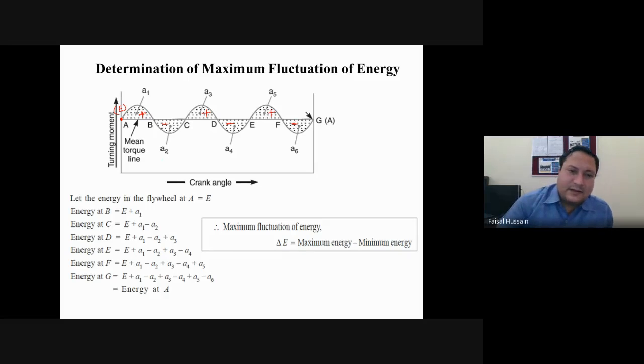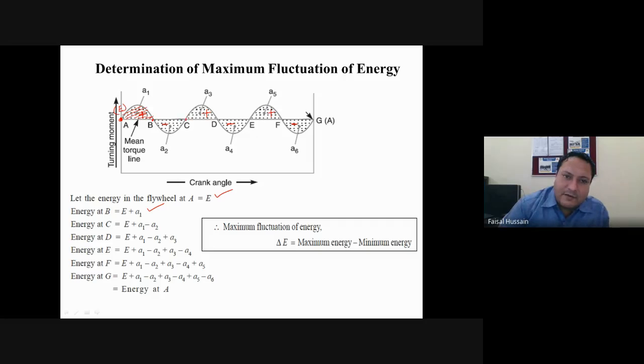So let energy at A equal E, that is what I have assumed. Now what will be the energy at B? Energy at A plus energy within AB. This area is A1. So energy at B will be E plus A1.